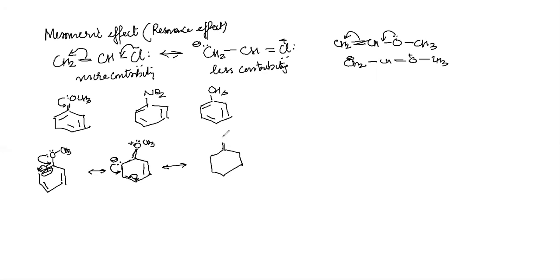Here it is ortho. So these 2 electrons move to form a pi bond here, and these 2 electrons are shifting to the para position with a negative charge.